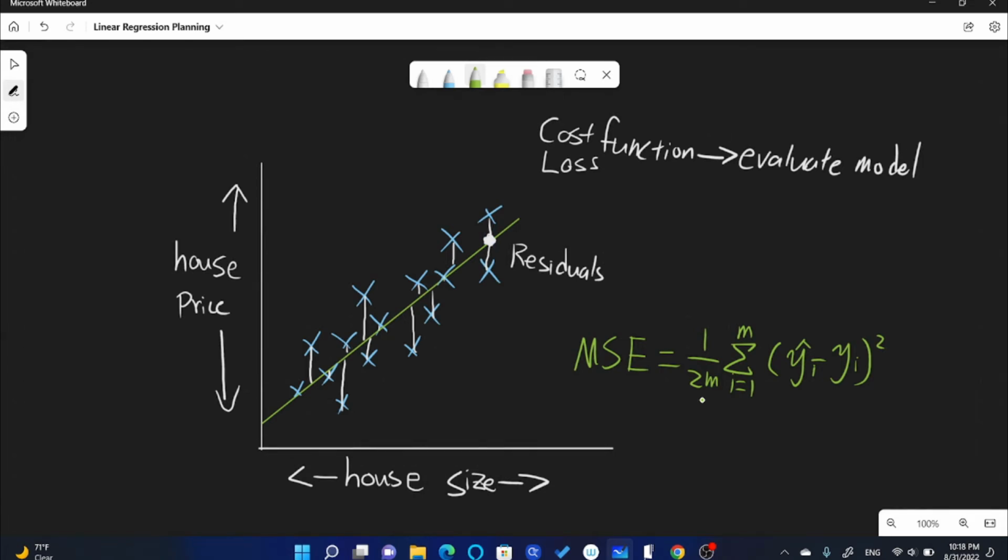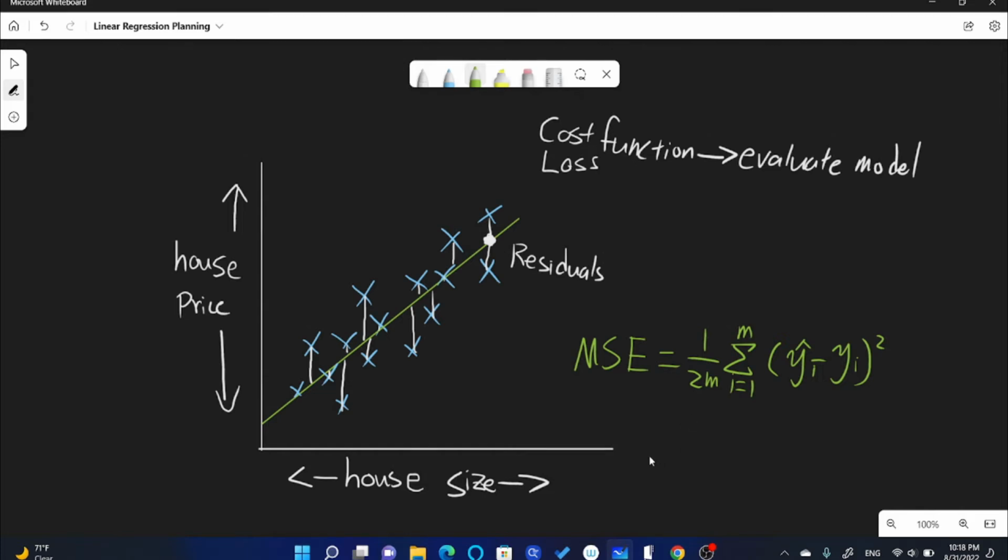We don't actually include 2 typically. Well, we do this so that it's easier to take the derivative of this function, right? It just cancels out. But normally it's just the mean of the sum of the squared errors, right? But we added 2 here, so it's easier to cancel this out later on. So yeah, that's mean squared error.